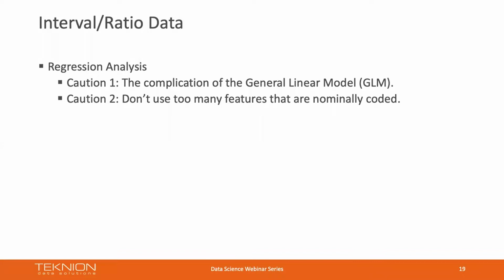Usually the simplest solution is the right one. And the caution here when we're doing regression analysis is that you don't use too many features that are nominally coded. Remember nominal coding, just as we saw in the dummy coding example: when you run these in a regression analysis, it's going to create a whole bunch of dummy coded variables, and you'll have trouble really parsing out what's happening inside your data set.